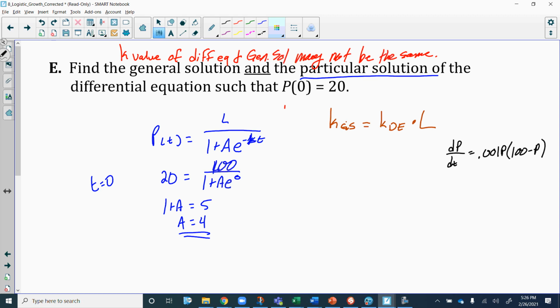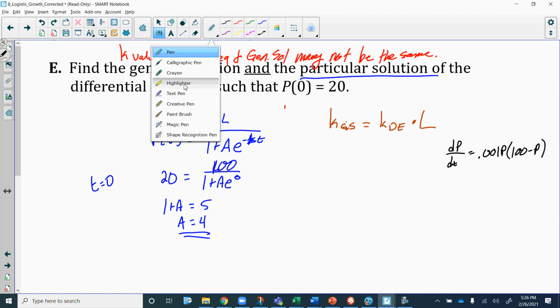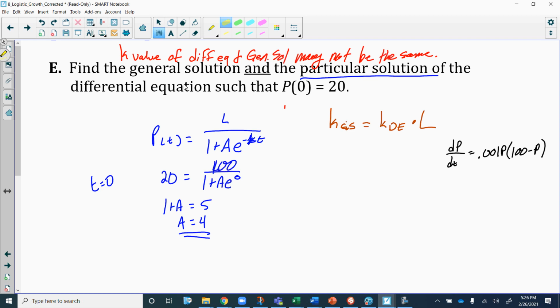The k value of the differential equation that I'm looking at, in order for this little shortcut to work, is this 0.001, not the 0.1 that was given to me in the problem.